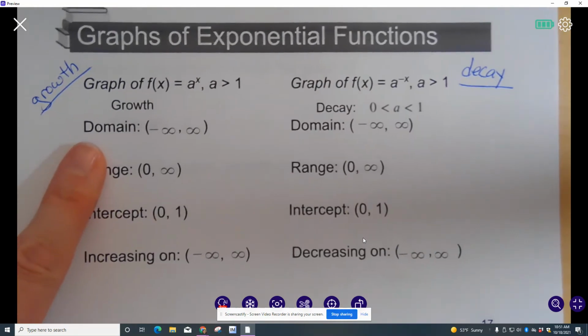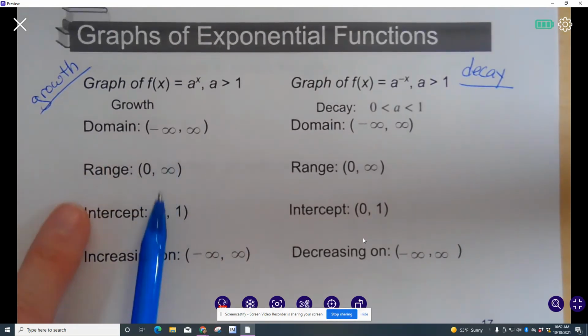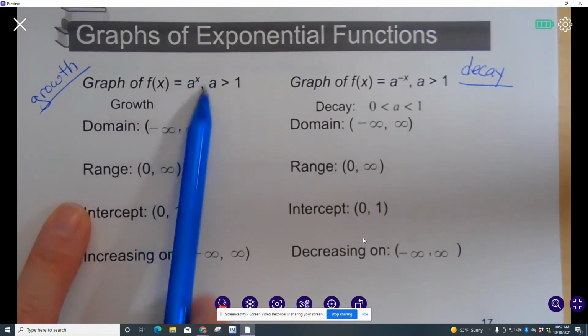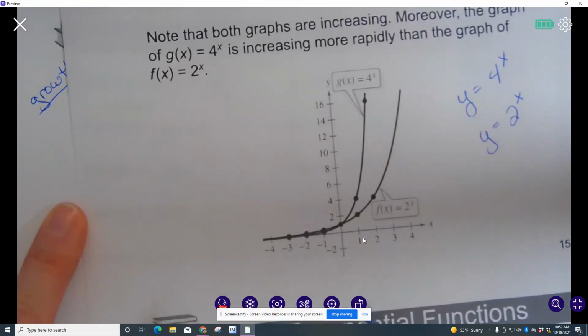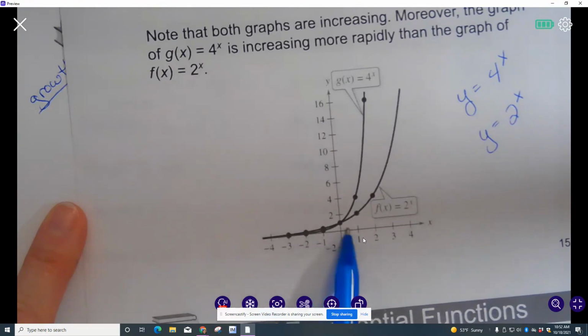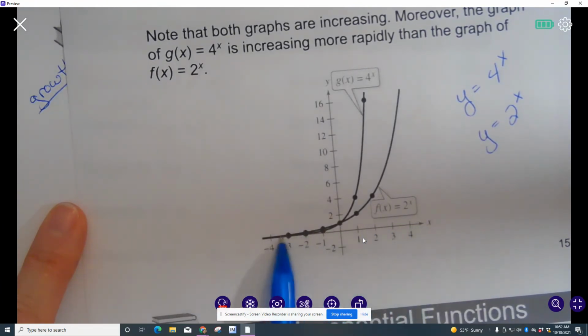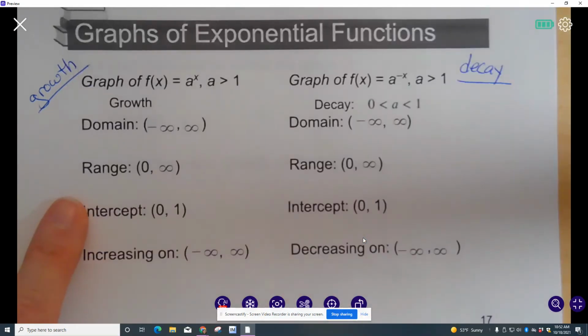So domain is all real numbers. The range for these parent functions, ones that we haven't translated around, again, the smallest y value is not 0, because y equals 0 is a horizontal asymptote, and then it goes up forever. So we didn't include 0, but we said the y values are anything above 0 to infinity.